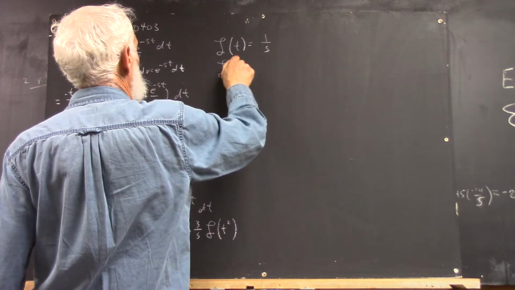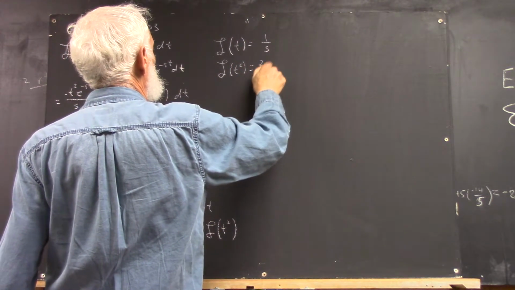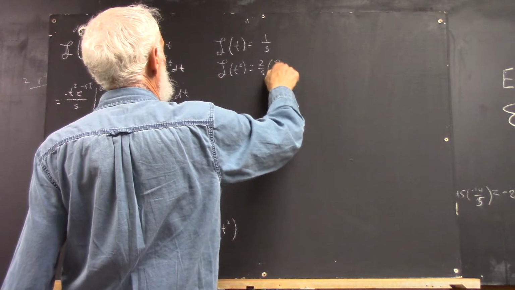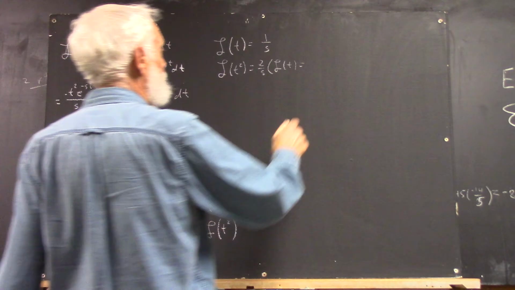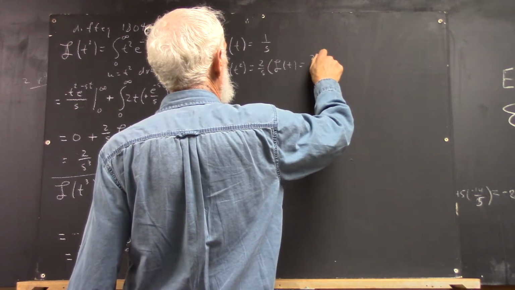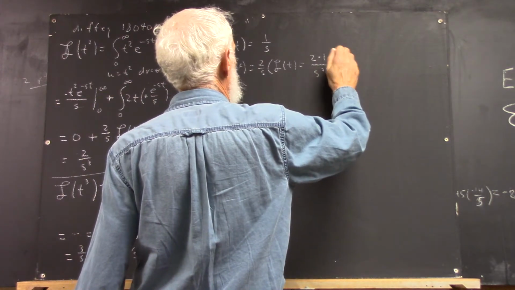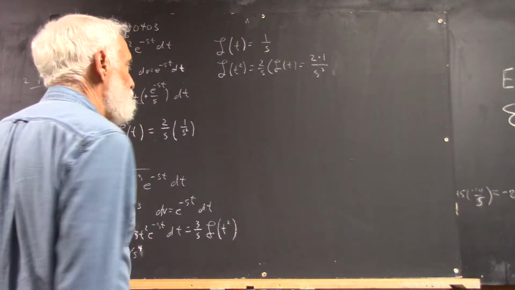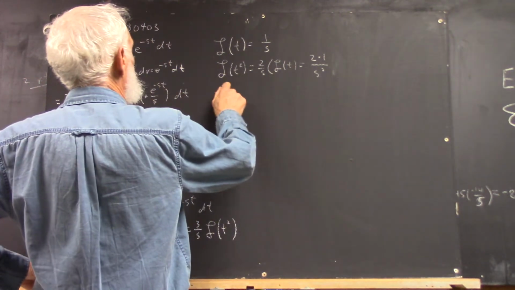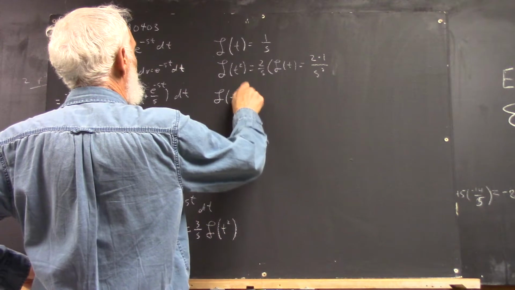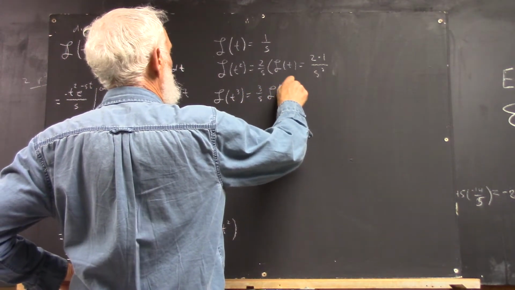The Laplace transform of t squared is 2 over s times the Laplace transform of t, which is then 2 times 1 over s cubed. Laplace transform of t cubed is going to be 3 over s times the Laplace transform of t squared.